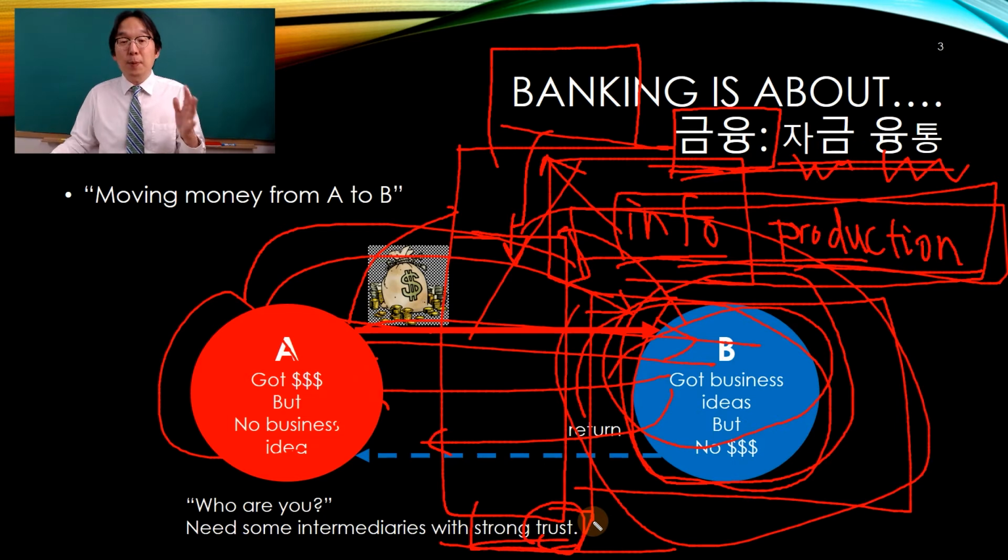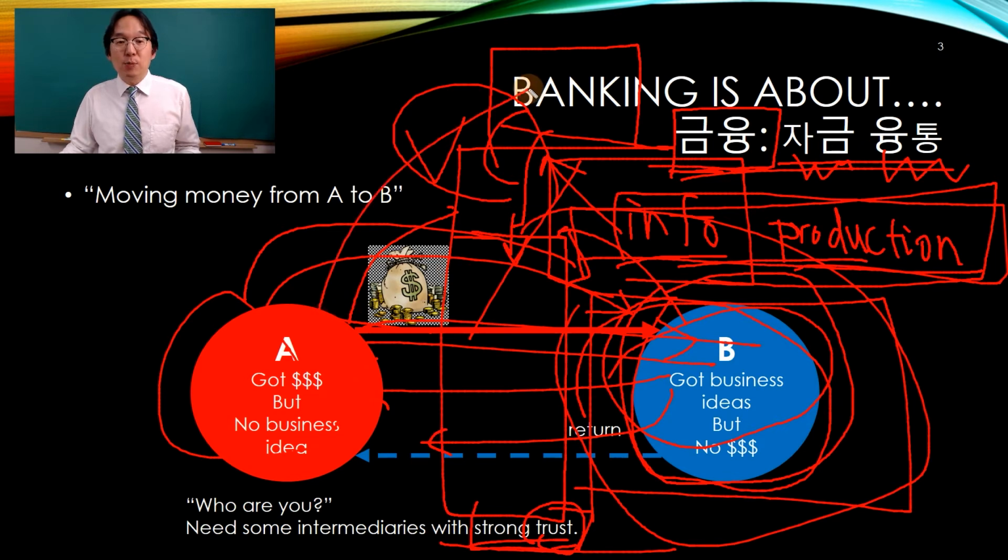If you take the perspective of a venture capitalist, who connects these guys with money to these ventures, these guys still don't have a good idea about each different venture. Somebody has to analyze those things for them, okay? Information production is an important part.